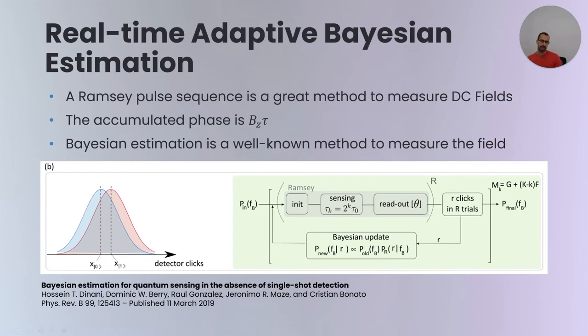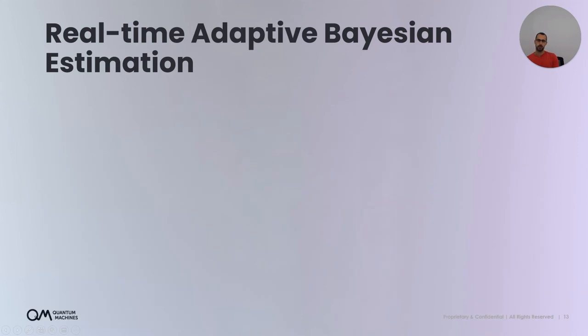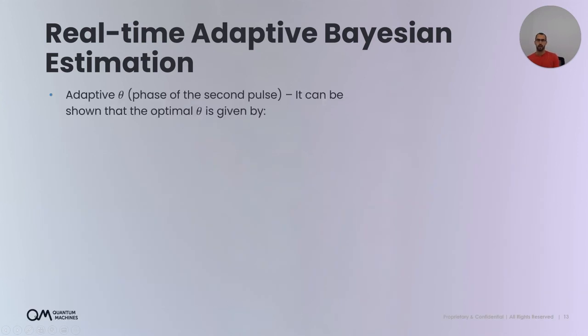But what are we doing extra? We can do multiple things. One thing, we can have adaptive theta. What's theta? Theta is the phase of the second pi half pulse of the Ramsey sequence. And it can be shown that the optimal theta is given by this equation.